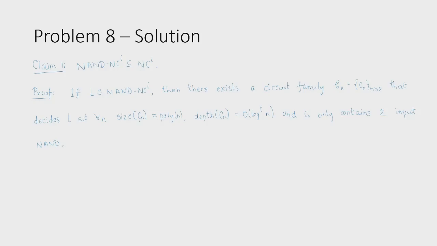So what we'll do is, using this circuit C_n, we'll construct a new circuit C'_n as follows. We'll replace every NAND gate by an AND gate and a NOT gate.